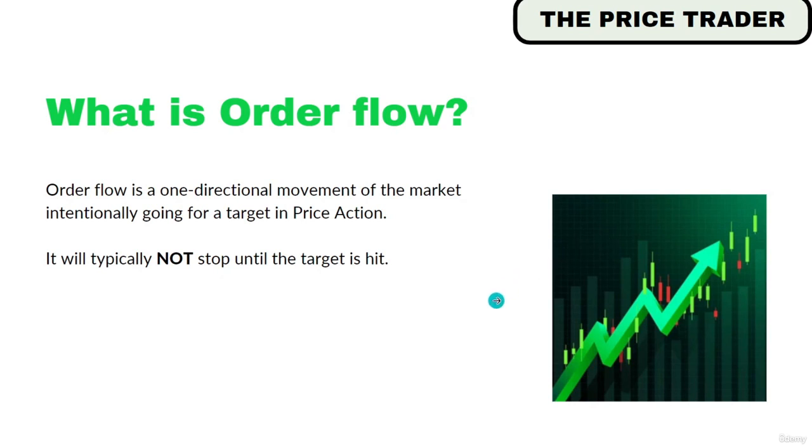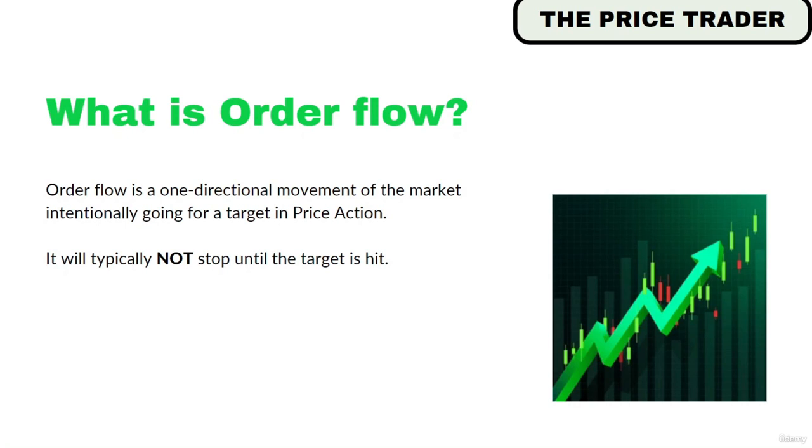So what is order flow? I'll simply define it as a one directional movement in the market that intentionally goes for a target in price action. If you have a target, for example a fair value gap or an order block that the market is headed towards, then it will create an order flow that leads towards that target.